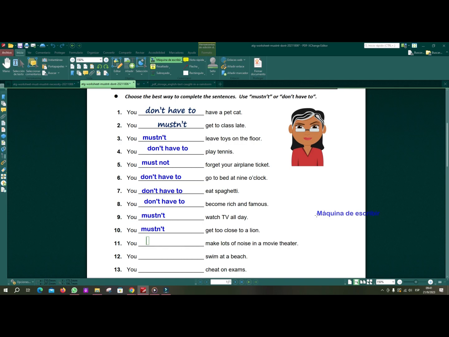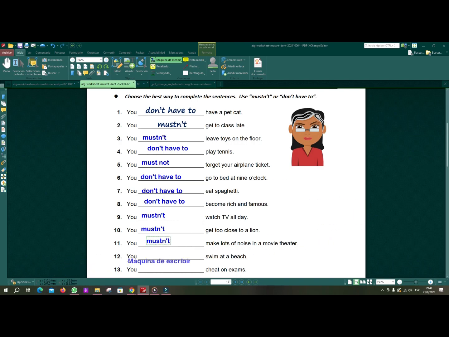Pero como la regla de guardar silencio, entonces mustn't. Excelente. Sí, como ustedes, de hecho nos reímos, platicamos, pero de acuerdo a las reglas no podemos hacerlo, ¿verdad? So, you mustn't, okay? That would be nice.